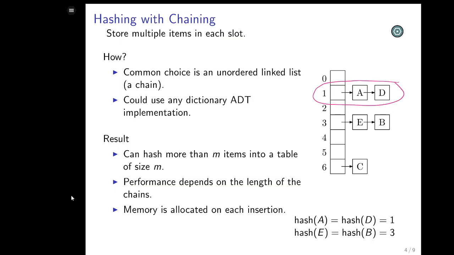When collisions occur, they're not a problem. I just check the linked list. But whenever I perform an insertion into the table, like in all hash tables, I should perform a find to make sure that the thing I'm inserting is not already there. It's like a dictionary, and you don't want to put in multiple copies of something that has the same key.